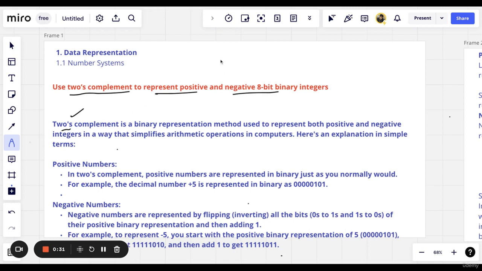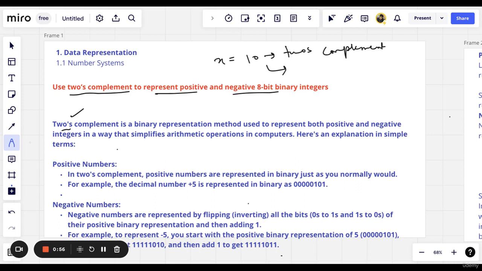Let's say you want to convert a number, let's say 10, into 2's complement. You have to convert this decimal number 10 into 2's complement. This is simple. You just convert it into binary form. So what is 10 in binary?